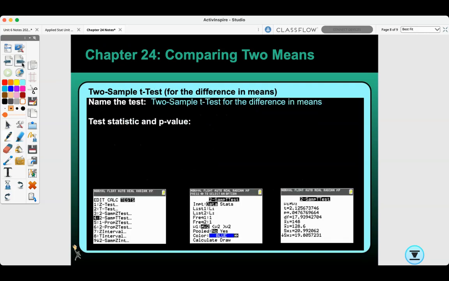So now we need to name the test. The test is a two-sample t-test for the difference in means. And now we need to find the test statistic and the p-value.